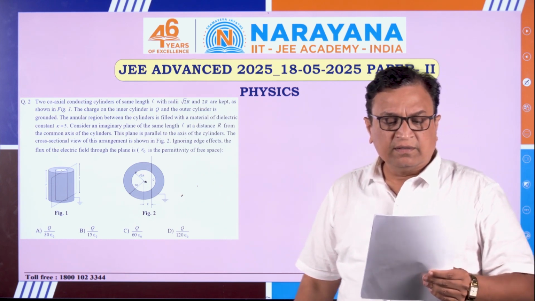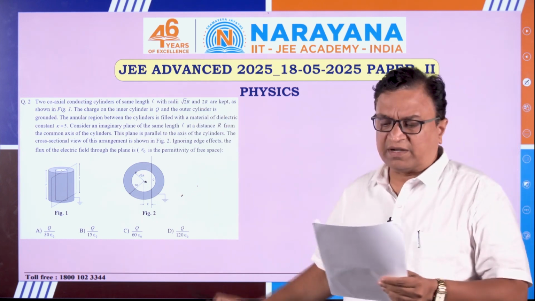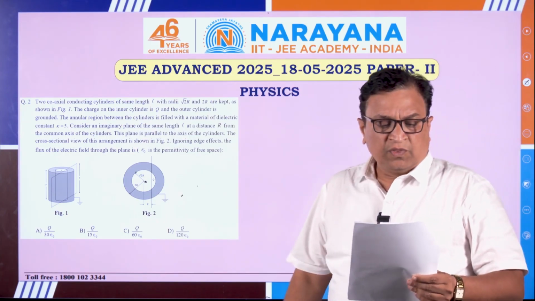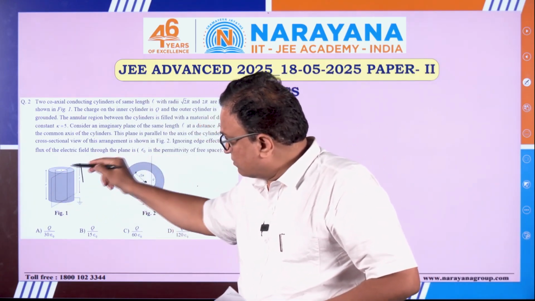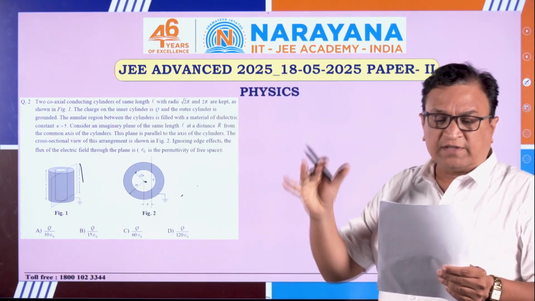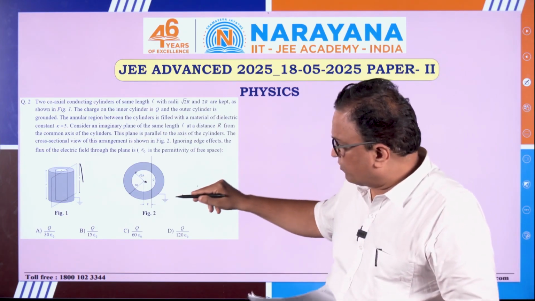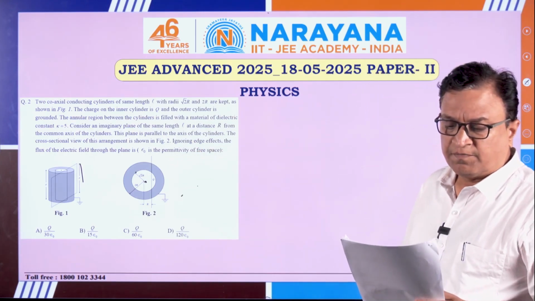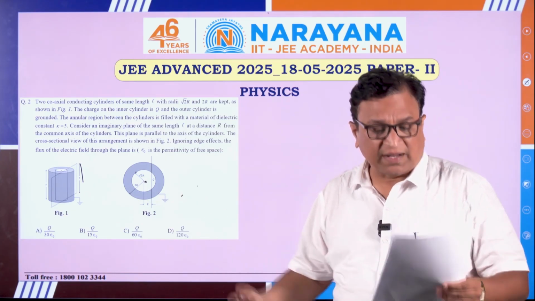And here, the entire thing is a dielectric material whose dielectric constant is 5. A plane is also given here, parallel to the axis of the cylinder. In the actual cross-sectional view, as if I observe it from the top, the flux of the electric field through this plane is what they were asking.